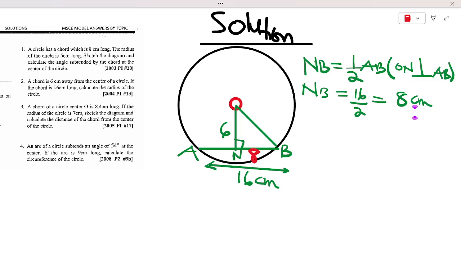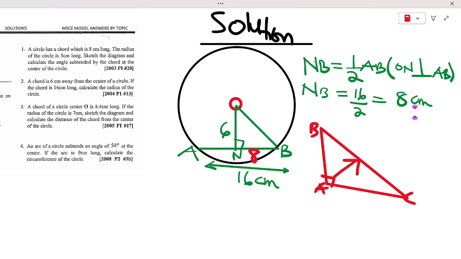So I talked about Pythagoras. In a right angle triangle like this one, the longer side is the hypotenuse, and these are the two shorter sides. Let's say this is A, this is B, this is C. A and B are shorter than C, so C is longer.